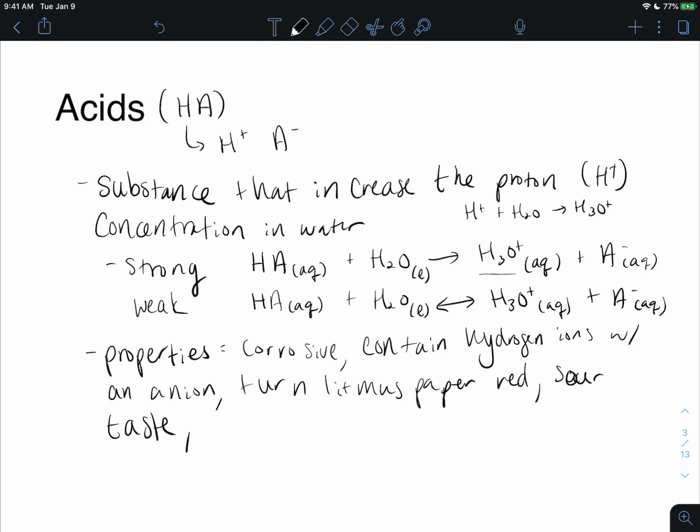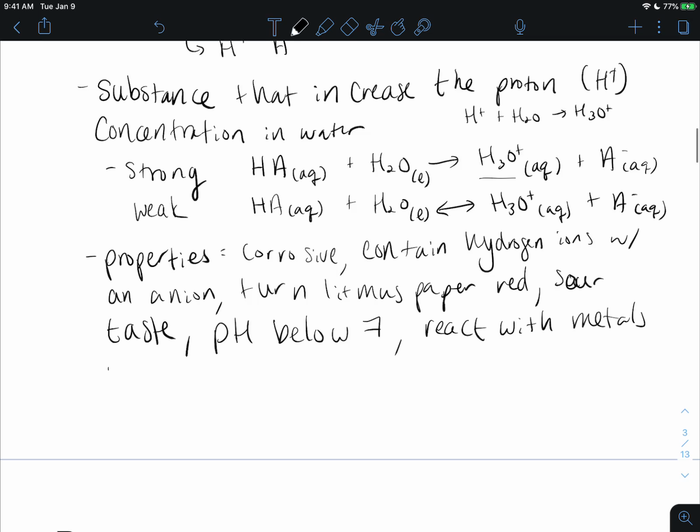They have a pH below 7. And they react with metals to form salts and hydrogen gas.